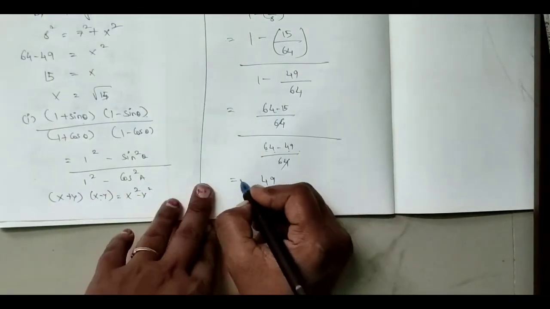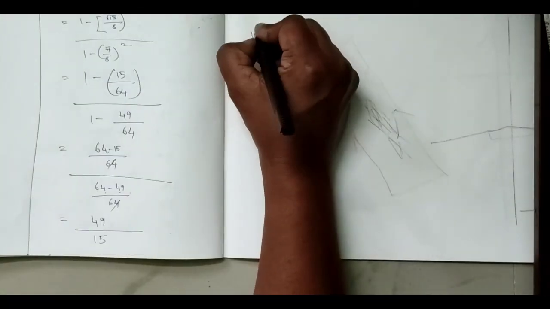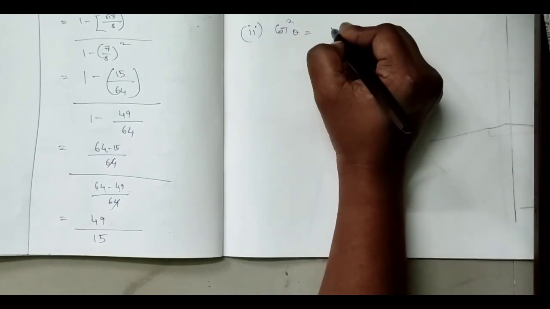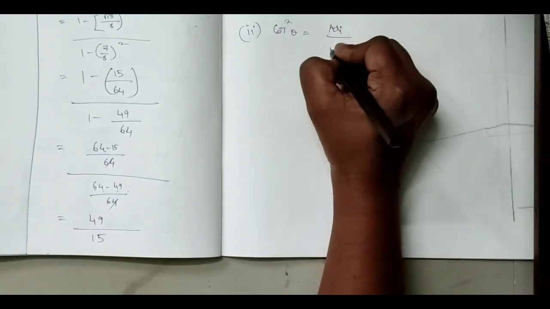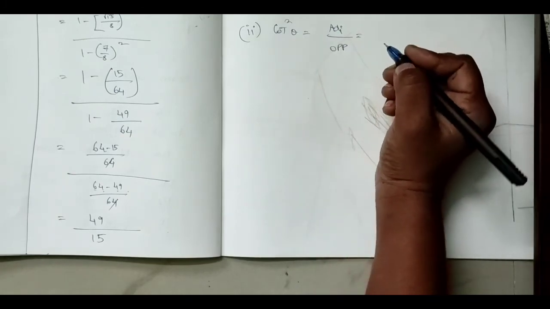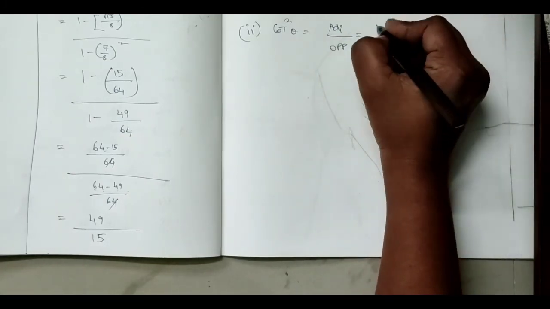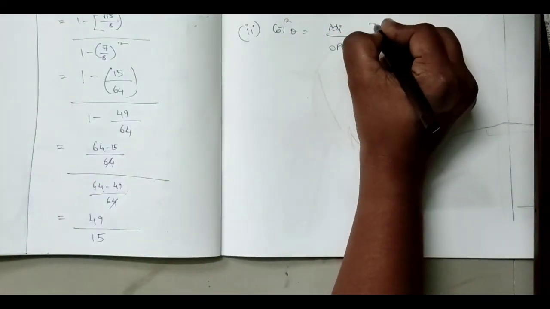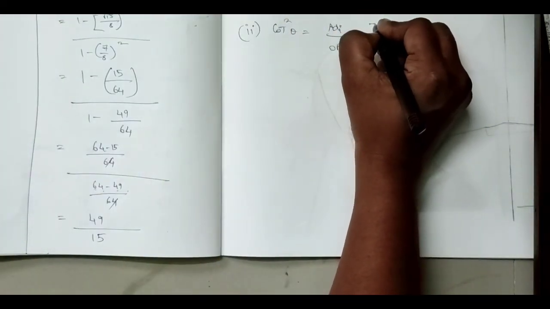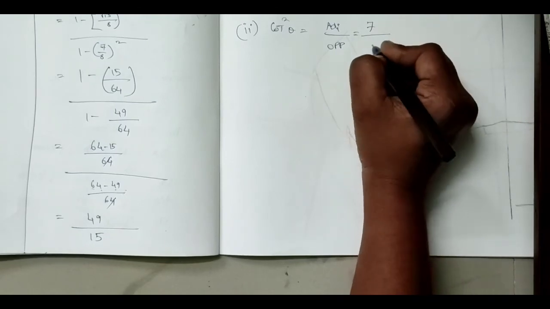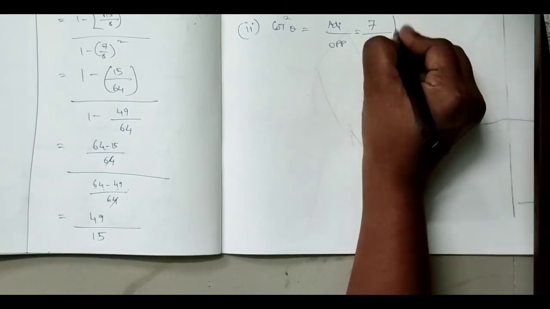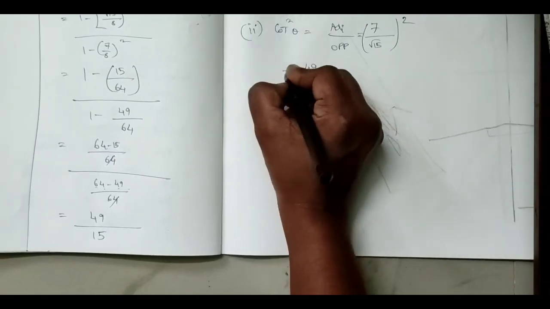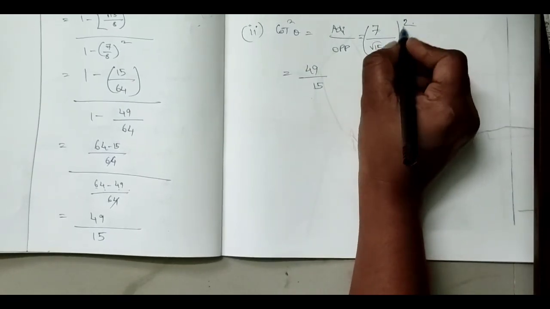So this is the evaluation we have got for cot squared theta, which is nothing but adjacent by opposite. From this it's going to be 7 by root 15 squared, so 7 sevens are 49, divided by root 15 into root 15.